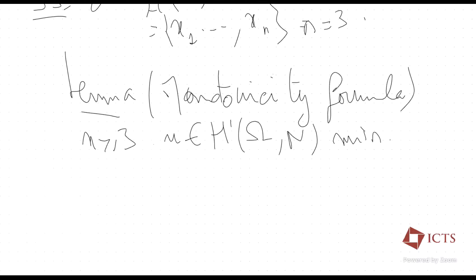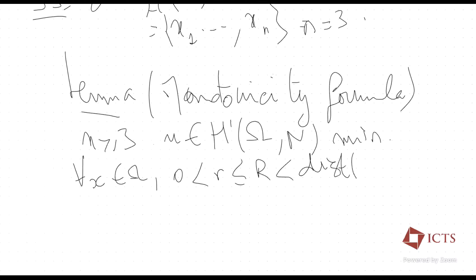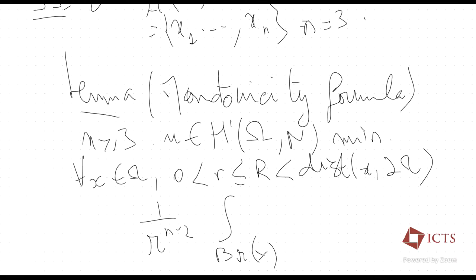Then for any x in omega and any radius r bounded away from the boundary, 1 over r to the n minus 2 integrated in a ball of radius r at x of the energy of the map is non-decreasing in r.